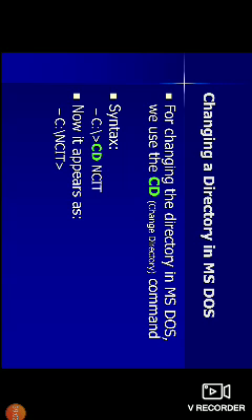Next one is the cd command, which changes the directory. Here, cd space ncit, and now the prompt looks like c:/ncit greater than. So we are in the ncit directory now.